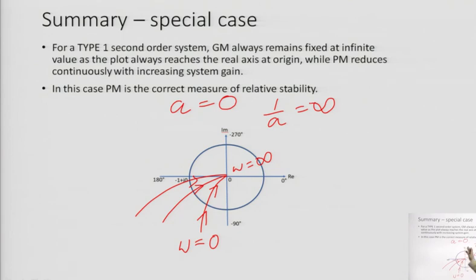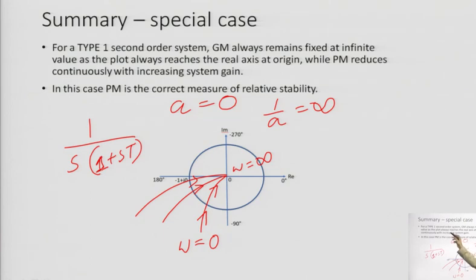In such a case, we can look at the phase margin. The type 1 system we are discussing is 1 upon s into 1 upon (sT+1). For this kind of system, the gain margin will always be infinite irrespective of the gain value, because A will always be 0 when the phase angle is minus 180 degrees.